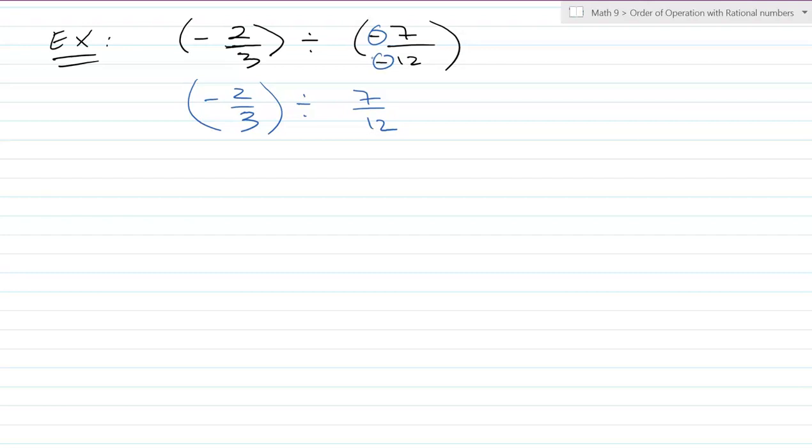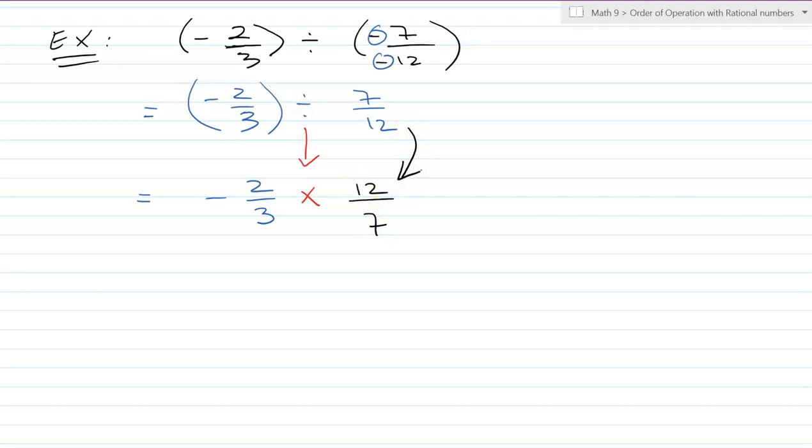Excellent. Now we're going to do the whole mathematical gymnastics with division of fractions. So first fraction, we write it the way it is. We change the division sign to a multiplication sign, and we flip, or use the reciprocal of, 7 over 12, which is 12 over 7.